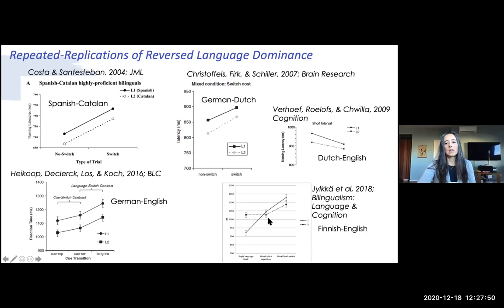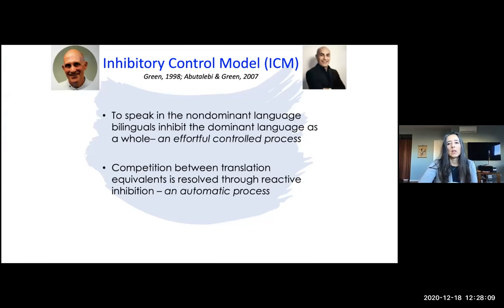And then this study, they don't actually report this analysis this way, but it sure looks pretty prominent. Look how big, they actually had single language blocks the way we did too. And you can see dominance reversing in the mixed language block for Finnish English bilinguals. So these data seem to support the inhibitory control model, which is one of the most widely cited processing models in research on bilingualism.